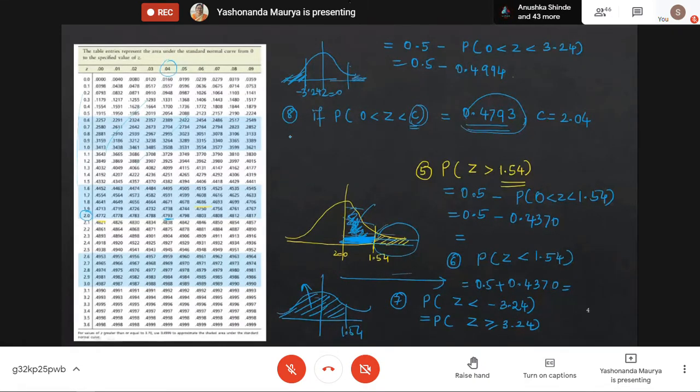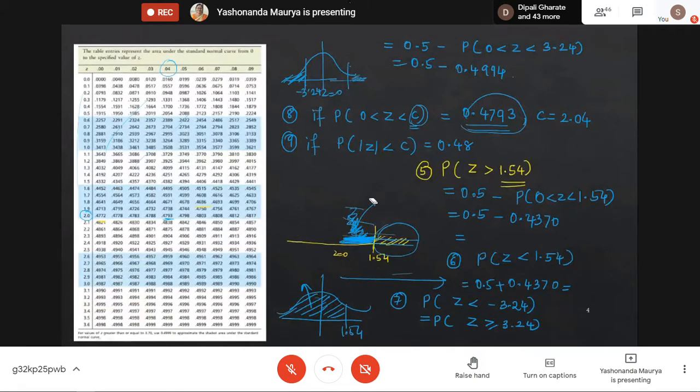Okay, now the next question. Suppose the probability that mod of Z is less than C is equal to 0.48. How do we simplify this expression?